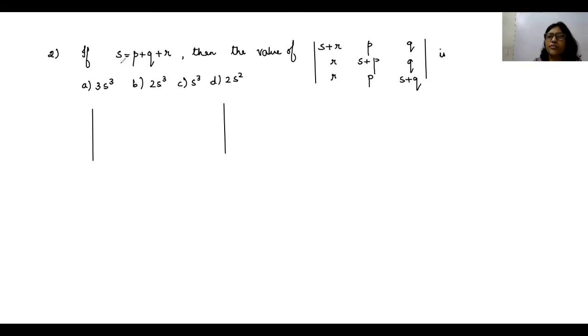Okay, here we have S is equal to P plus Q plus R, and we want to find the value of this determinant. If we observe row wise, we have S plus R plus P plus Q everywhere. So we are going to apply R1 changes to R1 plus R2 plus R3.